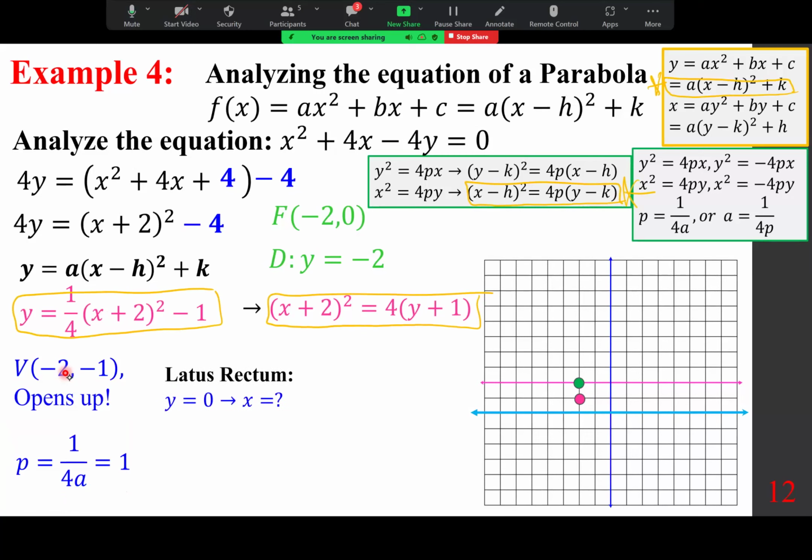As far as the latus rectum is concerned, wherever the focus is, and remember, this opens up, right?